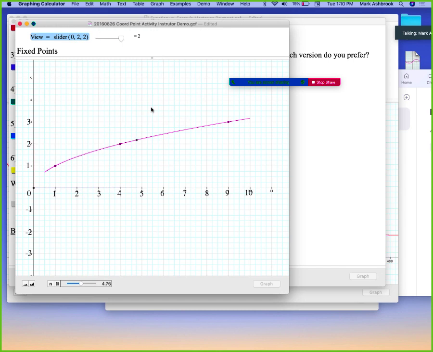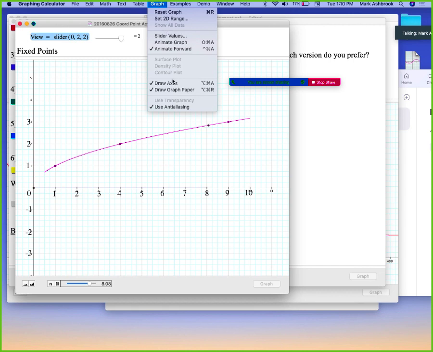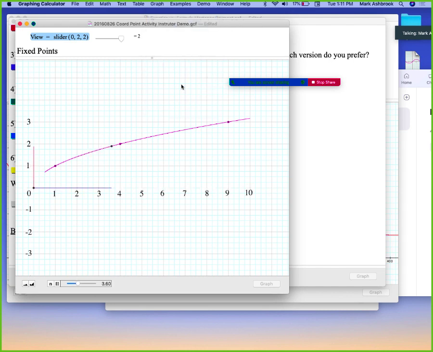Okay, so now actually in my file, there's something else going on here. If I turn off my axes, so if you go to graph, you can turn on and off the axes on the graph paper. The graph paper would be the light blue grid. You see the light blue grid? Maybe not on the computer screen, but on your own. You can get rid of the light blue graph paper, or you can get rid of the axes. So when I take the axes away, there's actually something else going on here.